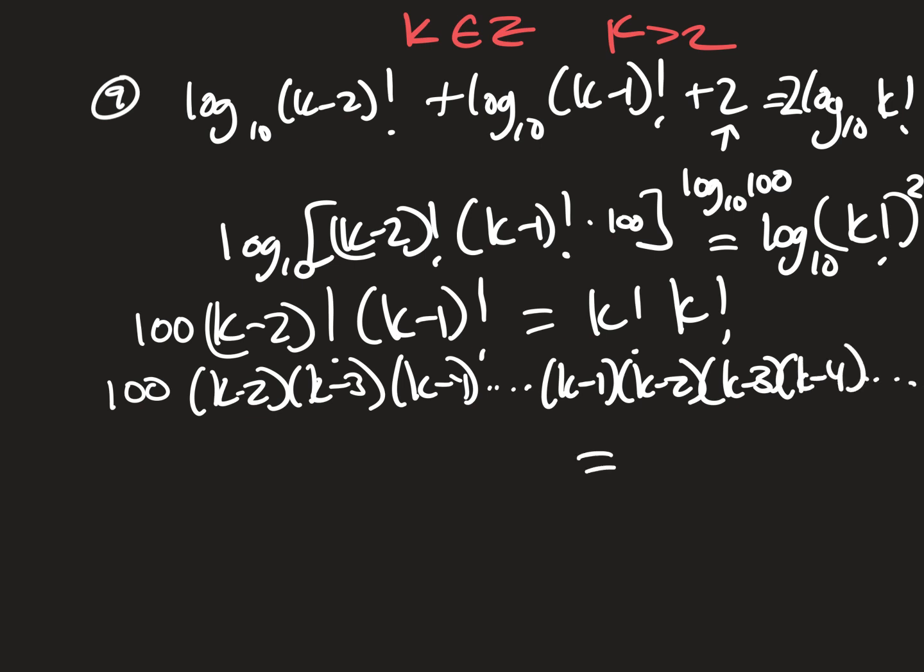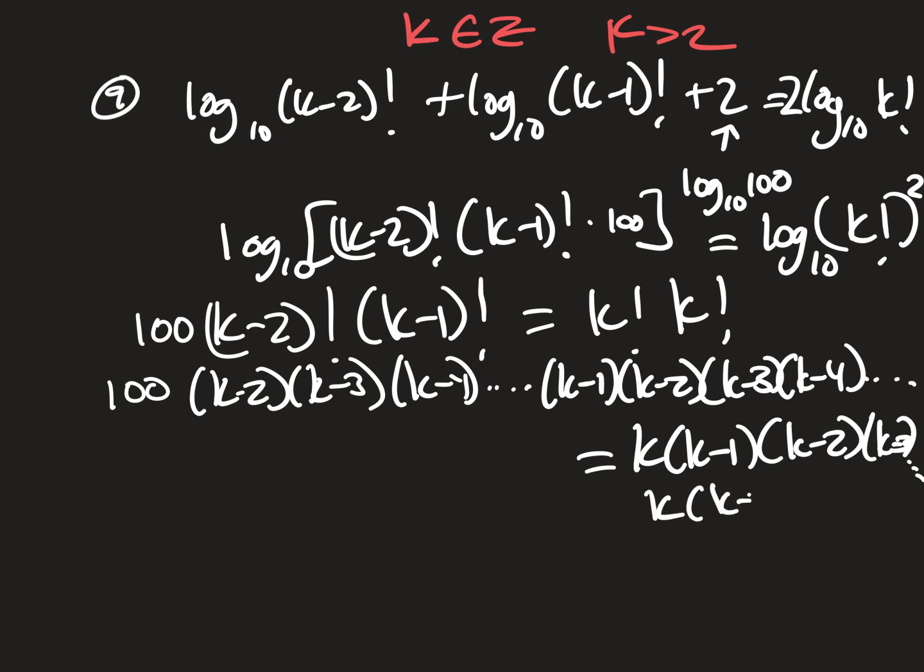And that's going to equal, on the right side, k factorial, which would be k, k minus 1, k minus 2, k minus 3, and so on, and the same times itself. So k, k minus 1, k minus 2, k minus 3, and so on.